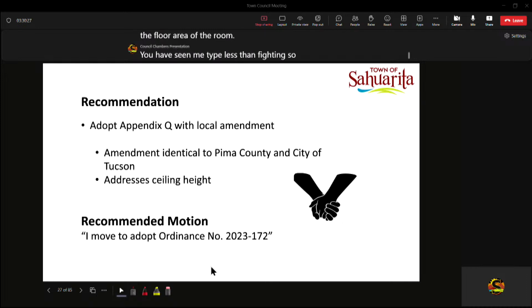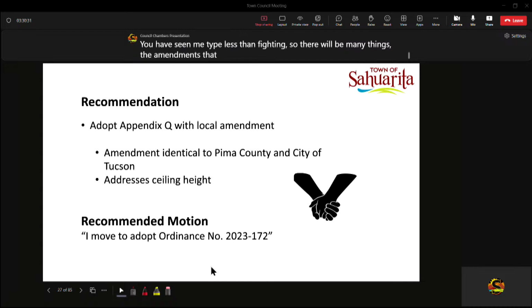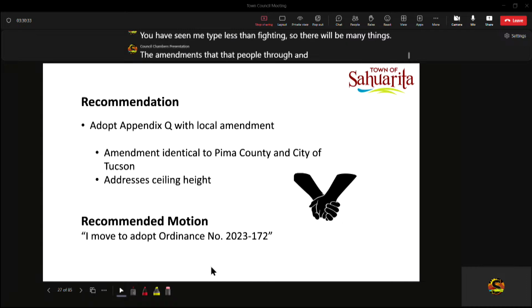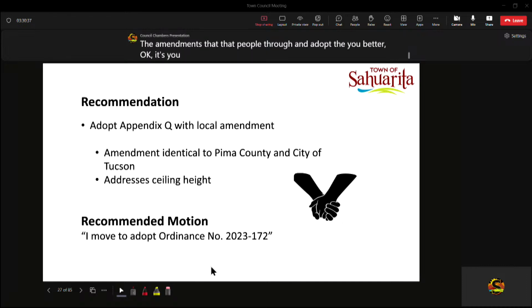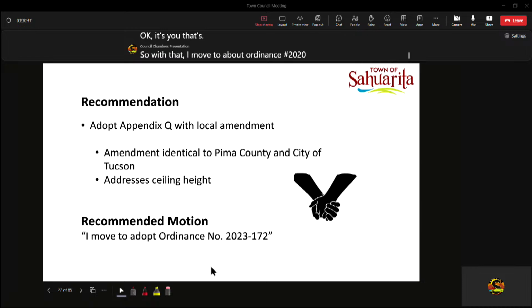So we would be mimicking the amendment that they put through and adopting Appendix Q as they did. So with that, I move to adopt ordinance number 2023-172.